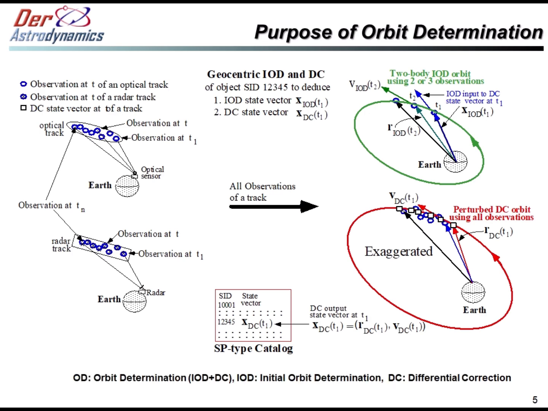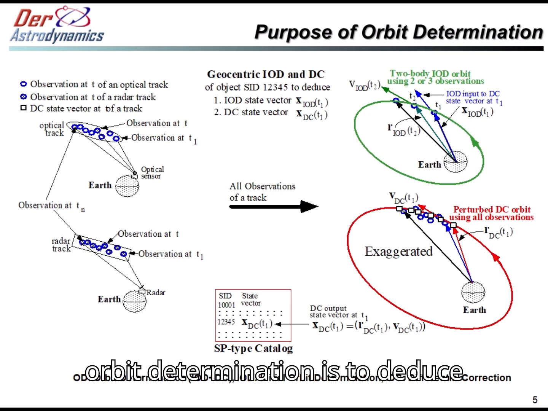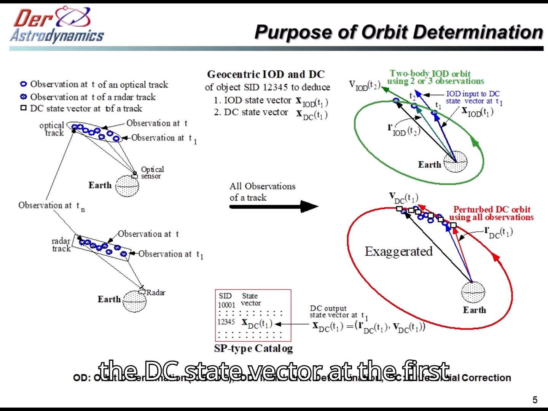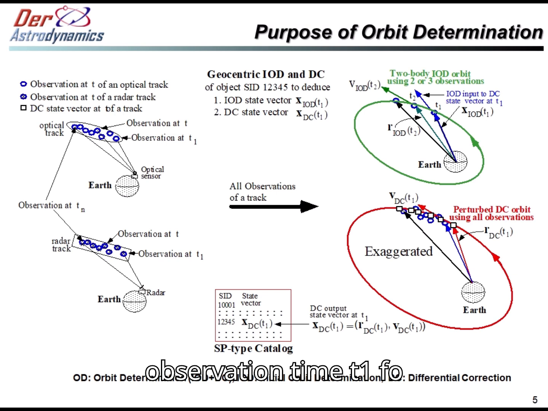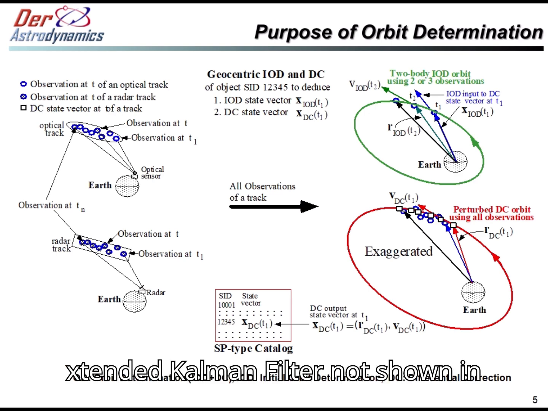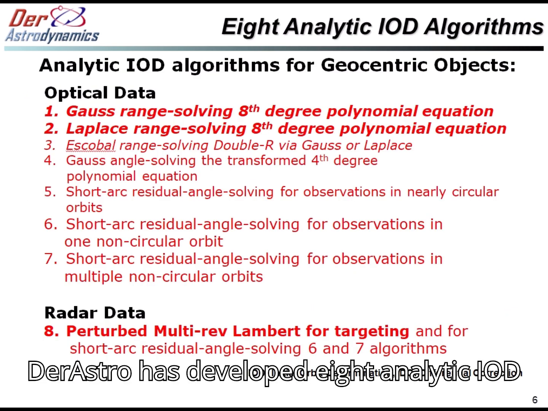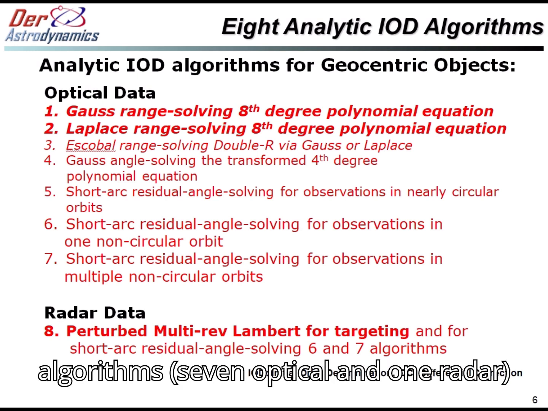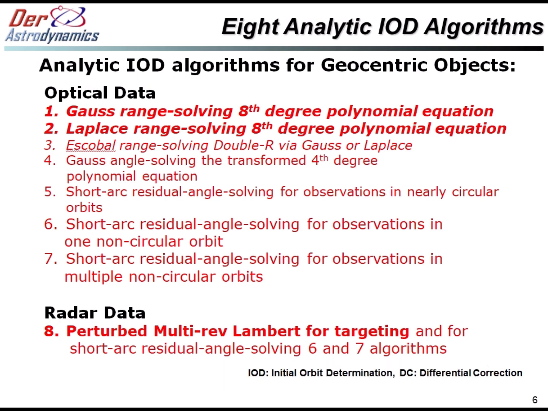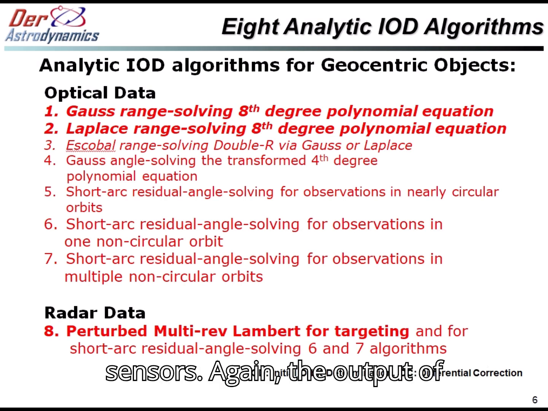The purpose of orbit determination is to deduce the DC state vector at the first observation time T1 for batch DC as shown, or the DC state vector at the last observation time Tn for sequential DC by extended Kalman filter, not shown in this picture. The Astro has developed 8 analytic IOD algorithms, 7 optical and 1 radar, to process observations collected by Earth or ECI ground-based sensors.